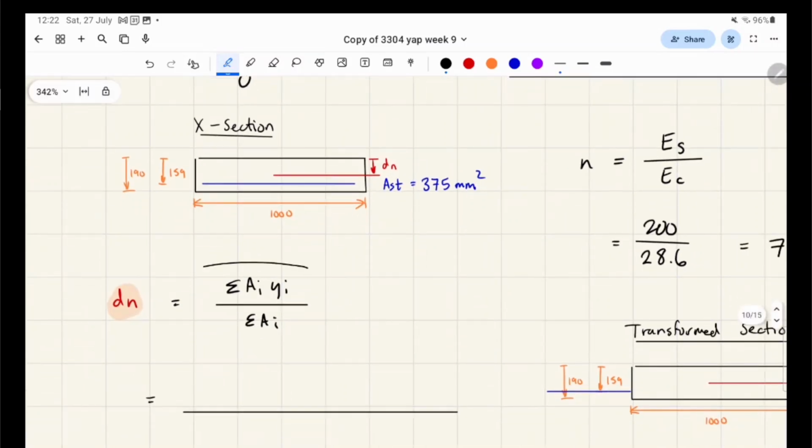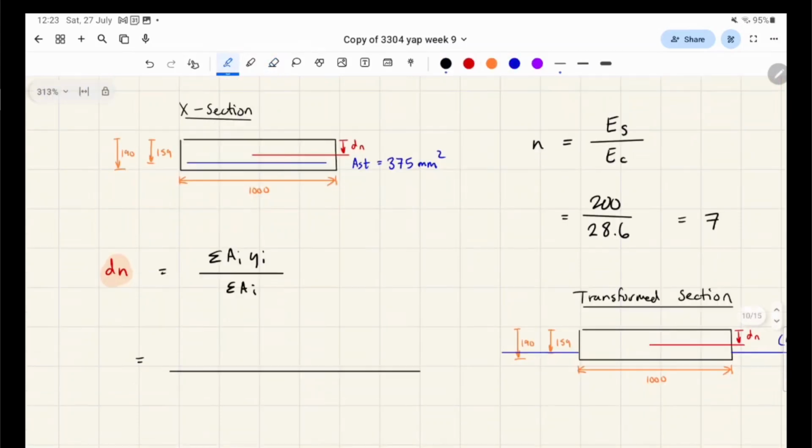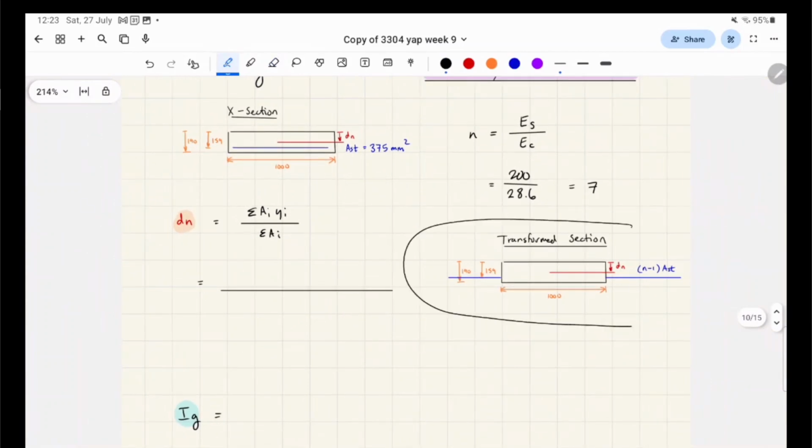So this is the centroid formula. This might look familiar. Let's take the sum of the areas multiplied by the depths to those areas, and divide it all by the sum of the areas. By the way, sorry, I've redrawn the transformed section here, so probably look at this one.